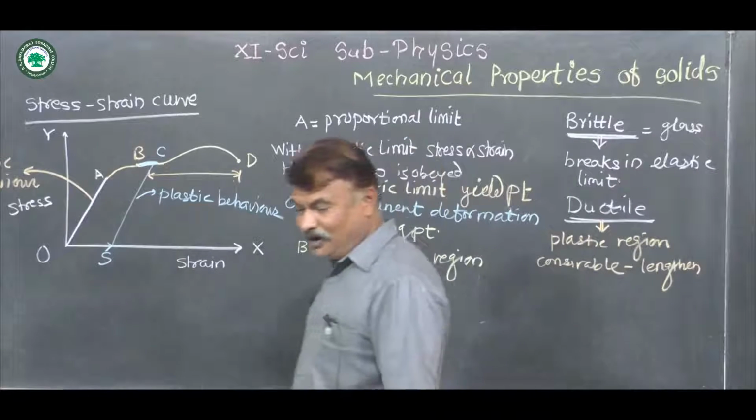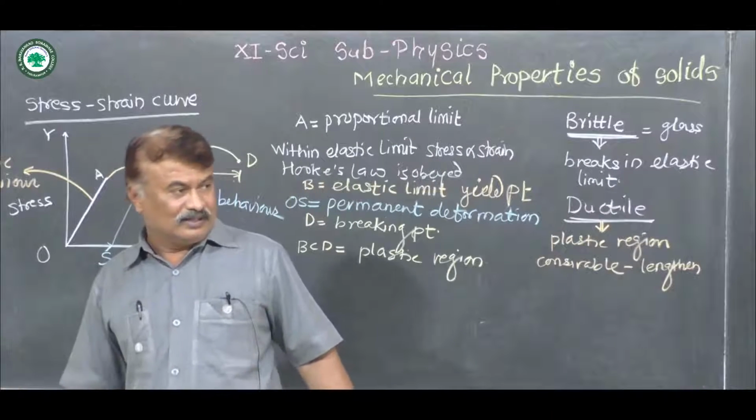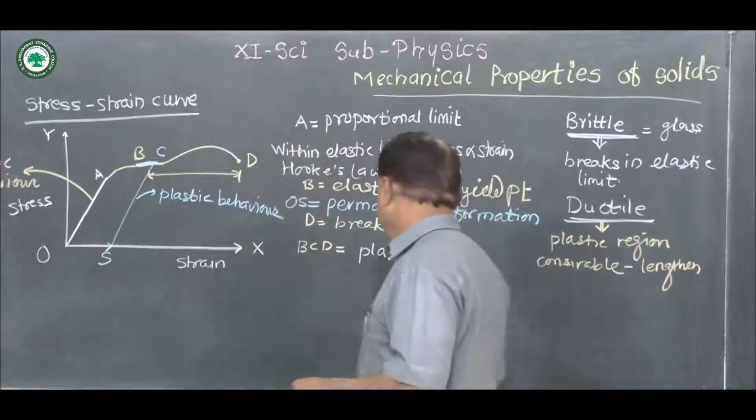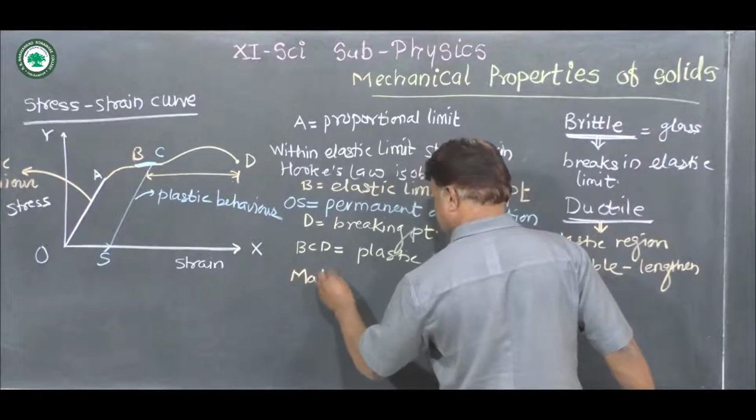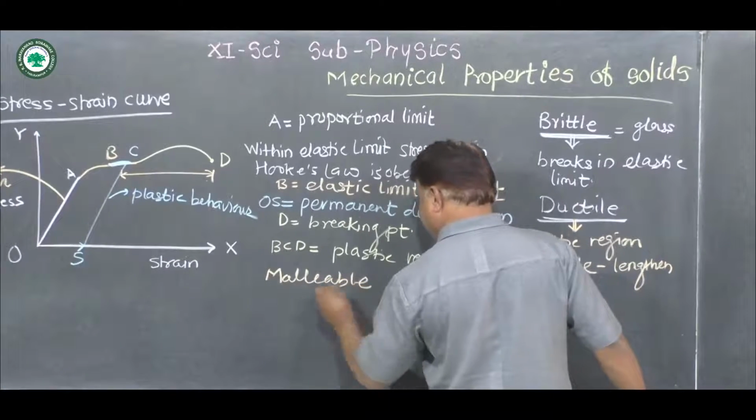Now we have to study about another type of substance, that is called as malleable. Malleable substance.